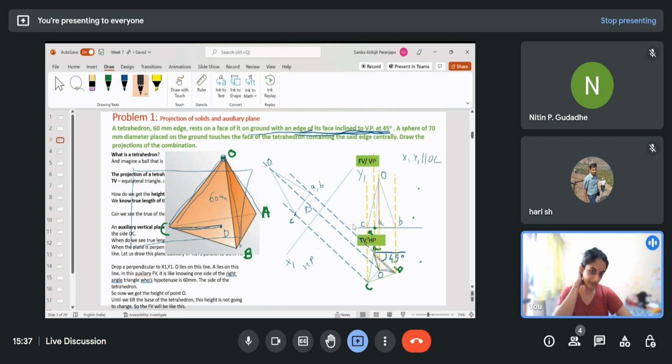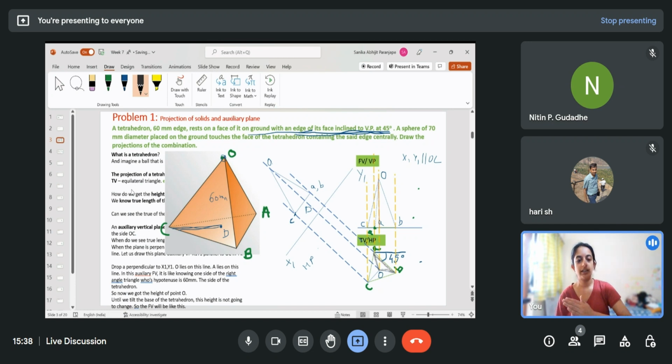So, in order to have a plane which is perpendicular to the horizontal plane, so I have the face of the tetrahedron like this right now.